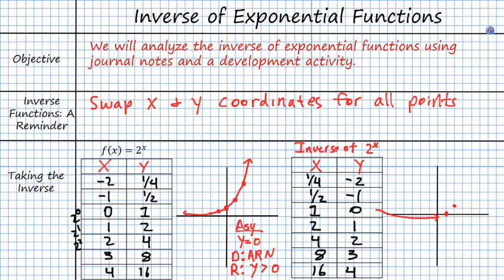That'll be there. And then we have 4, 2, and then we'll go off our graph from there. And then we've got these fractions. So at 1/2, I'm at negative 1. Then at 1/4, I'm at negative 2.